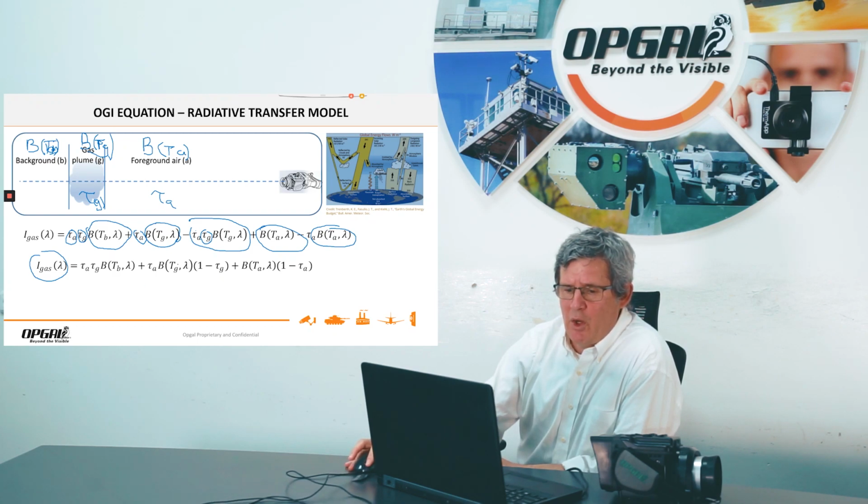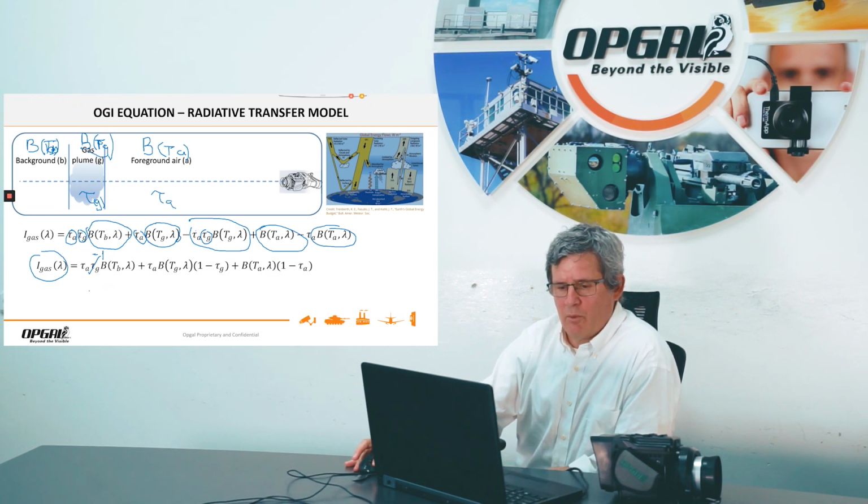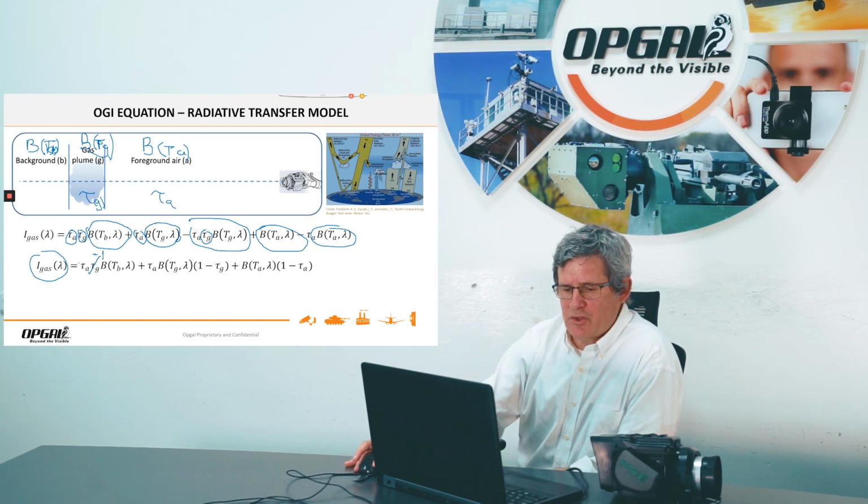But when we have no gas, we can see that the transmission of the gas is equal to 1. Okay, so we are left here with only this term, and this term is equal to 0.